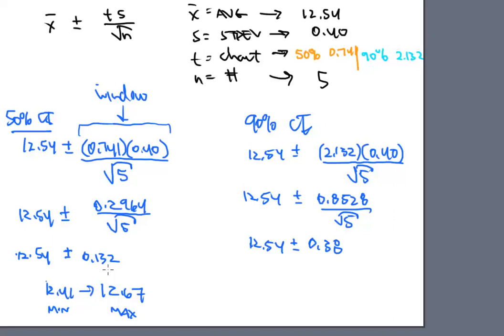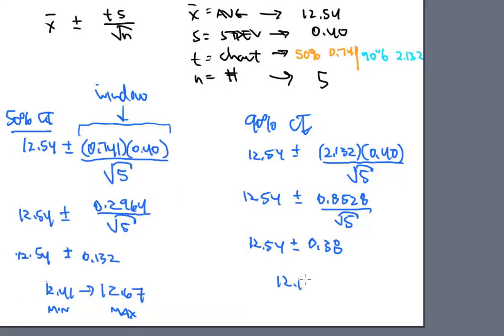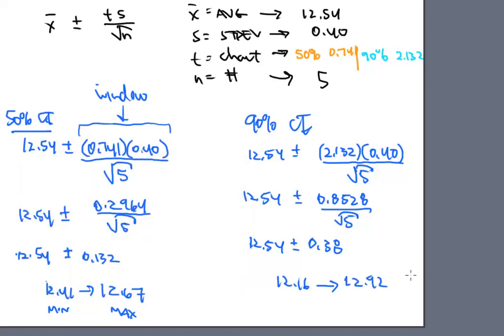So again, what I would do is take 12.54 minus 0.38, and that gives me 12.16, all the way to 12.54 plus 0.38, and that gives me 12.92. So my window has become larger. And because my window has become larger, I feel better about the actual true value being in that window somewhere.